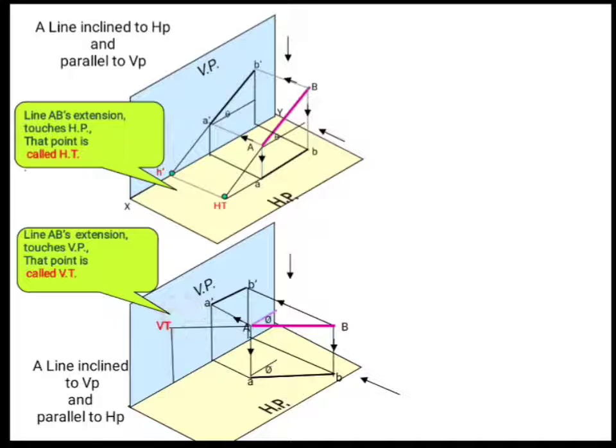The plan of this VT will be observed on XY line and it is marked as V. This point VT is the elevation or front view of the vertical trace, and the plan of this point VT is denoted by small letter V in the XY line.